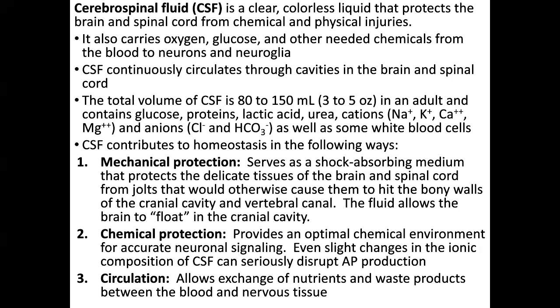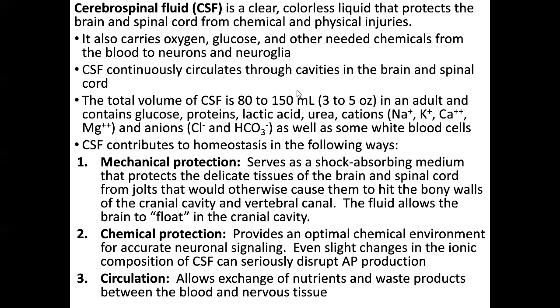Chemically, it provides an optimal chemical environment for accurate neuronal signaling. In other words, it keeps levels of sodium, potassium, calcium, chloride, and those other ions at the right numbers in the extracellular fluid. Remember the other day we talked about how ions moving in and out of a neuron create action potentials, how calcium comes into the synaptic end bulb and triggers a release of neurotransmitters in a synapse.